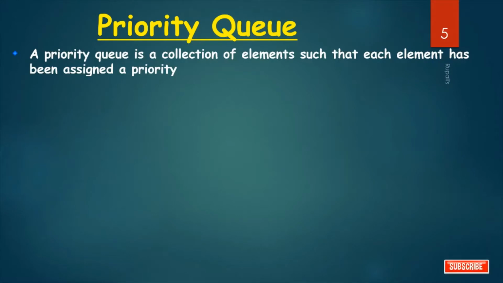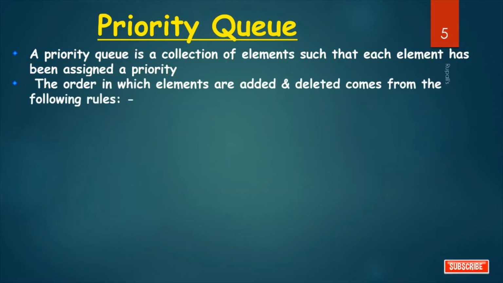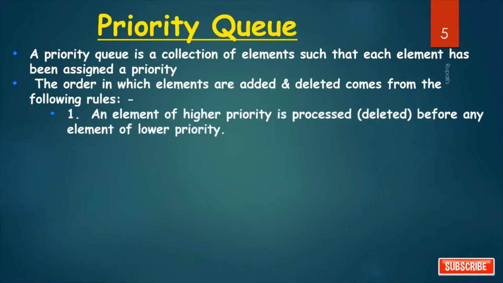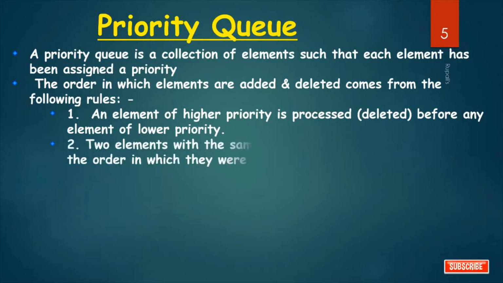So what is priority queue? A priority queue is a collection of elements such that each element has been assigned a priority. It means the order in which elements are added and deleted comes from the following rules. First, an element of higher priority is processed, that is deleted, before an element of lower priority.